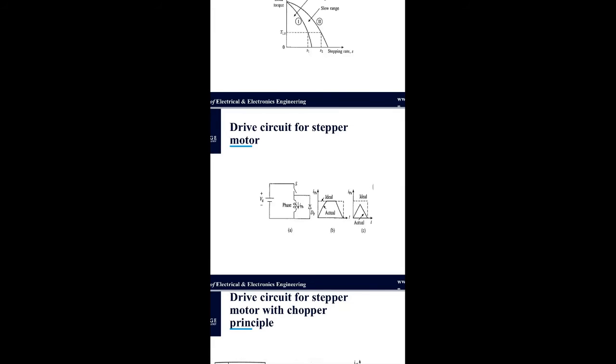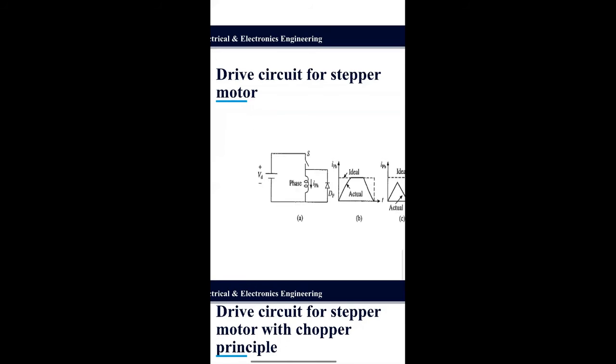When the phase is to be de-energized, the switch is turned off, which transfers the current to freewheeling diode DF. DF is a freewheeling diode here. The current drops to zero again at the rate decided by the time constant of the phase winding.